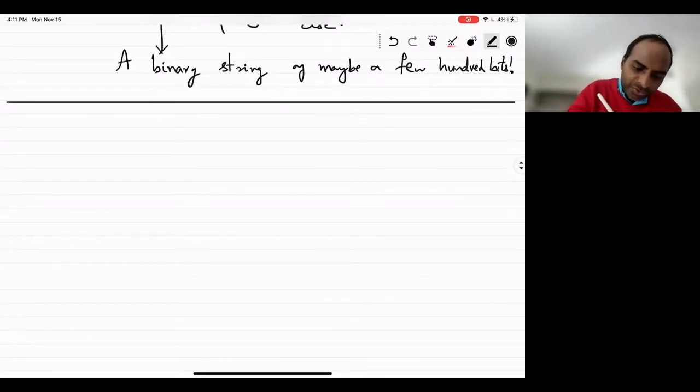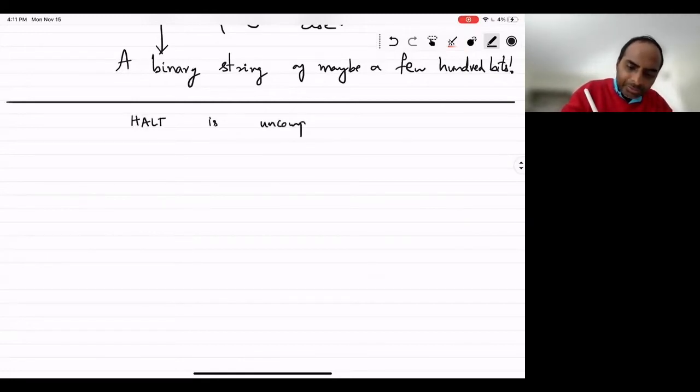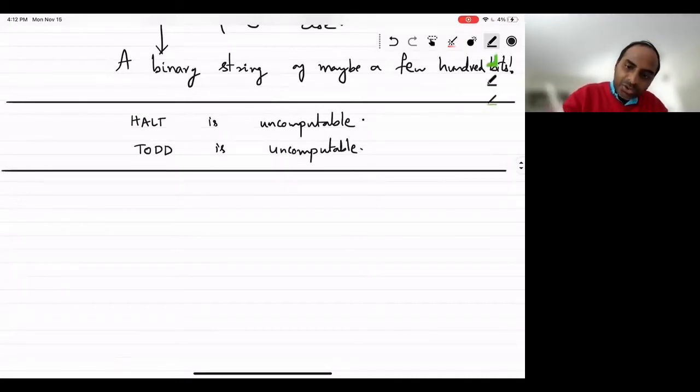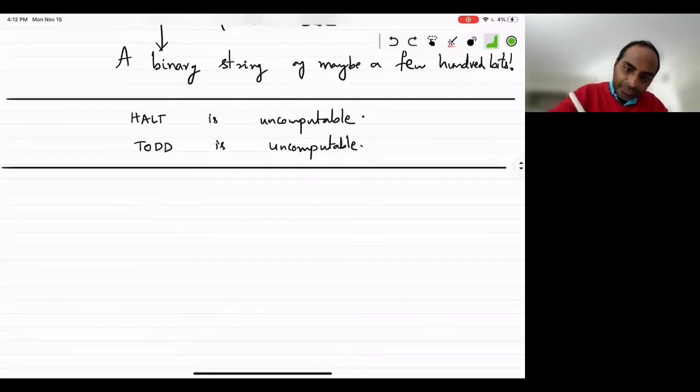Okay, so what we saw so far was that halt is uncomputable and Goldbach is uncomputable. Okay. And starting with these two as the base problems, we can build a whole web of connections showing that various kinds of problems are also unsolvable. And we'll do this through the language of reductions.